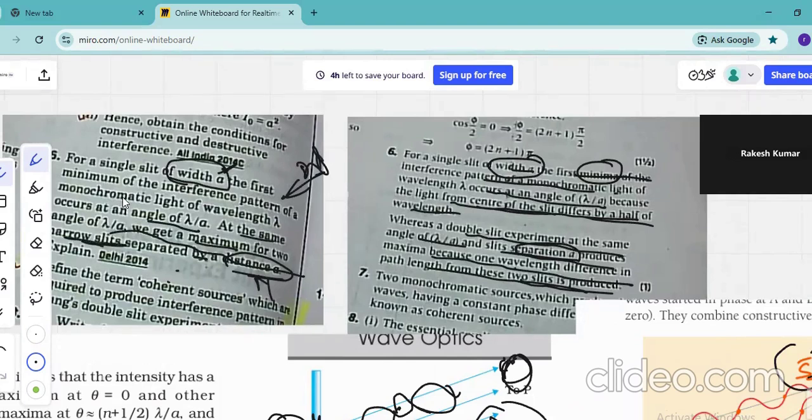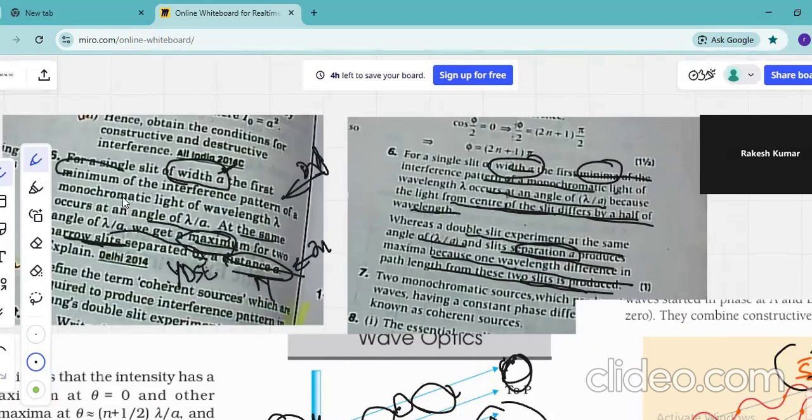If there are two narrow slits, this is interference. This is Young's double slit experiment, YDSE. So this is the interference pattern, and this is diffraction. He says in interference you will get a maximum, in diffraction you will get a minimum.